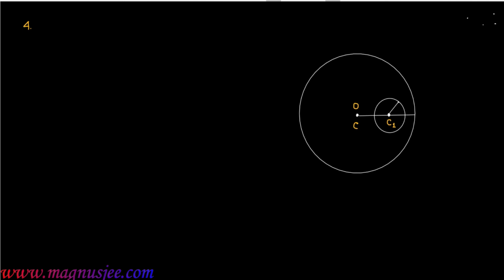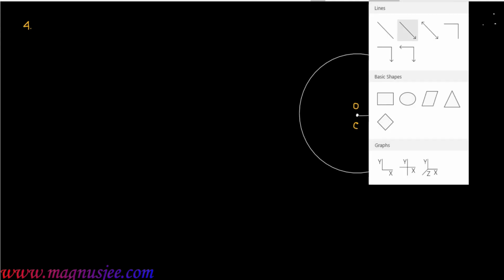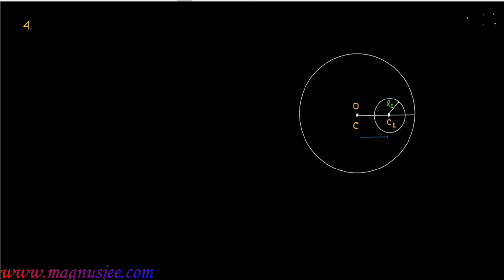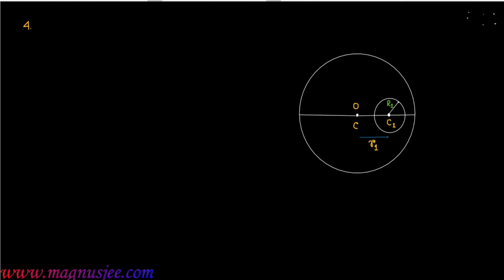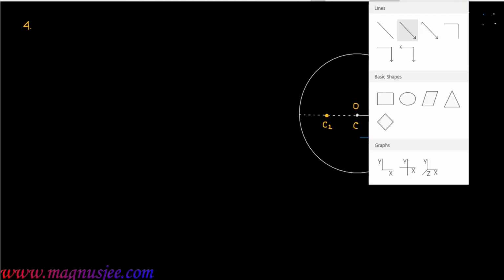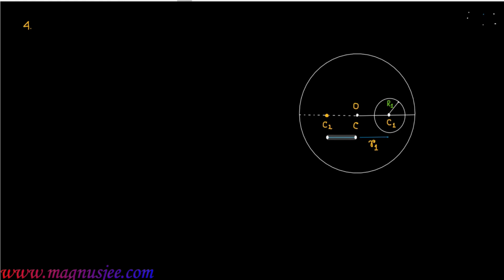This small sphere has radius capital R1 and mass m1, and the distance of the small sphere's center from the center of the main sphere is small r1. The center of mass of the truncated sphere, or the remaining portion of the sphere, is C2, which is at a distance small r2 from the center of the main sphere.